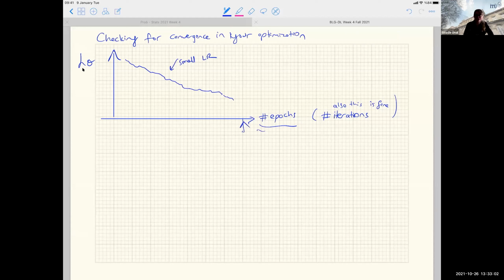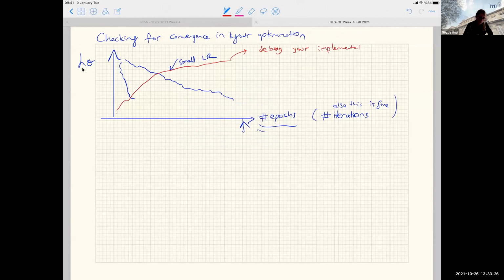This is a small learning rate. That's one of the first parameters we typically play with. And if it's really large, you may see things increasing. Then, of course, you need to debug your implementation.